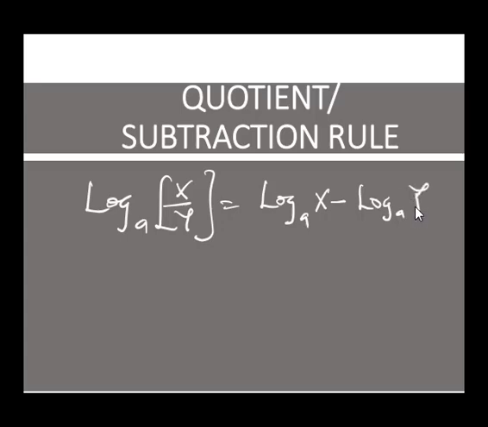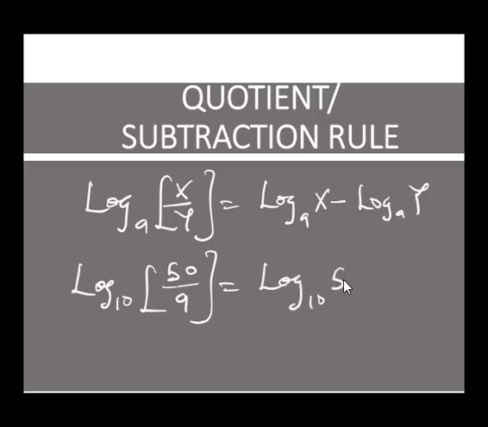For instance, you have a question that says log base 10 of 50 over 9. How can you rewrite this? This can be rewritten as log base 10 of 50 minus log base 10 of 9. As easy as that, you can simplify these questions.